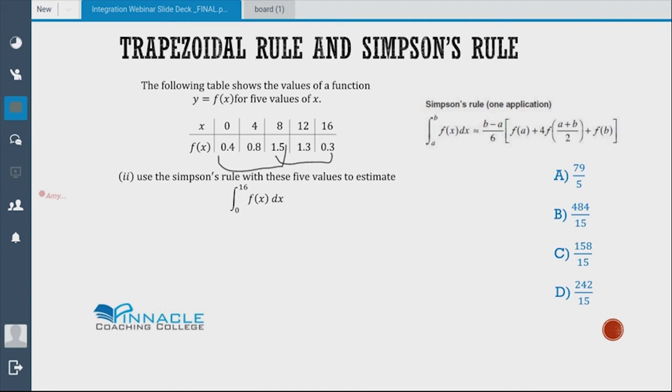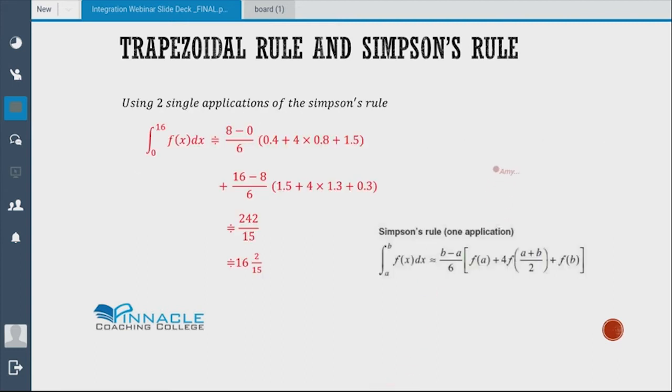I think clearly I was jumping the gun a little bit. Okay, so it looks like most people got B as the answer. That's excellent to see.